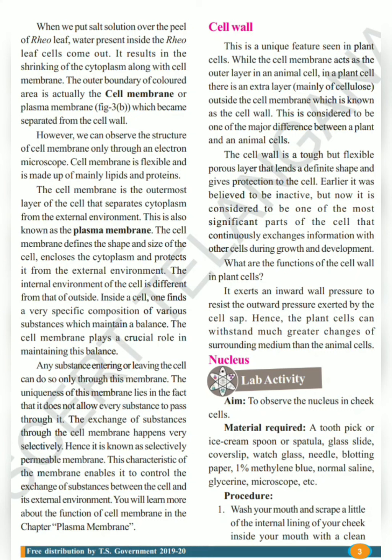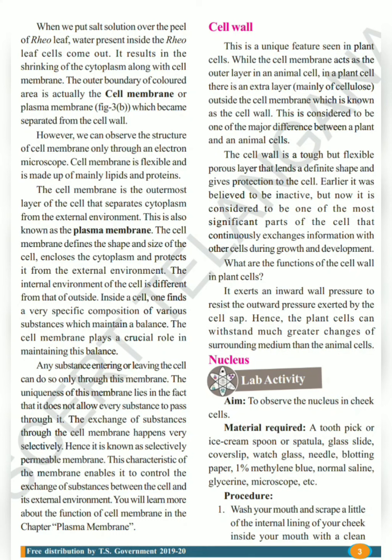See, the cell membrane defines the size and shape of the cell also. And the internal environment of the cell is also different from the outside environment. And it is also because of the cell membrane. You see, inside a cell, we can find very specific composition of various substances and these are maintained in a balance.